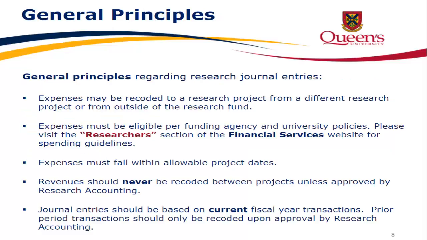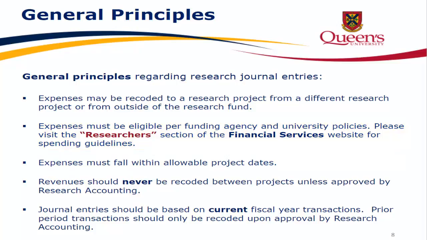There are some general principles to keep in mind regarding research journal entries. For example, expenses may be recoded to a research project from a different research project or from outside of the research fund. Expenses must be eligible for funding agency and university policies. Please visit the Researchers section of the Financial Services website for spending guidelines.